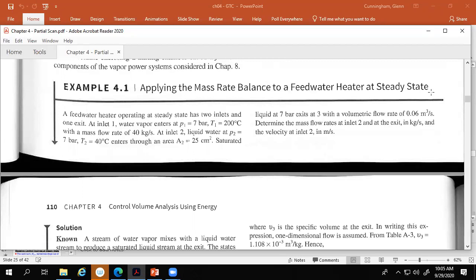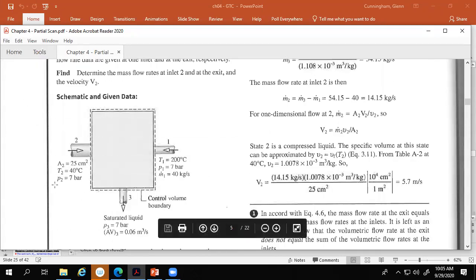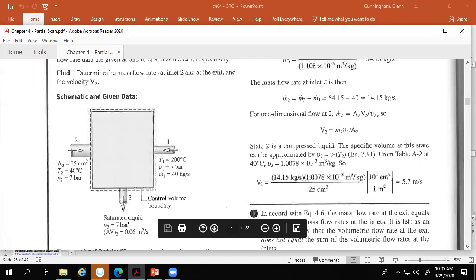Now, they don't have it all quite right, but they're trying to keep it simple at this point. So what they're going to do is they got a picture right here where I got some steam coming in to heat this stuff up. I got my feed water coming back, and we're going to heat this up to saturation, and I'm going to have saturated liquid fall out the bottom of it.